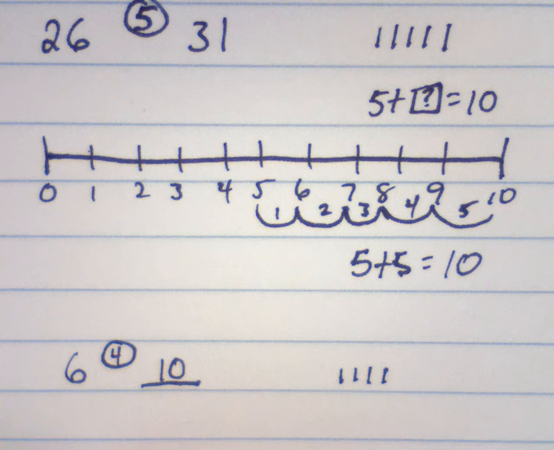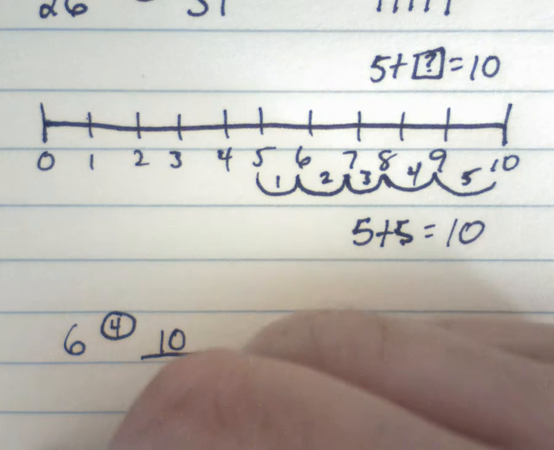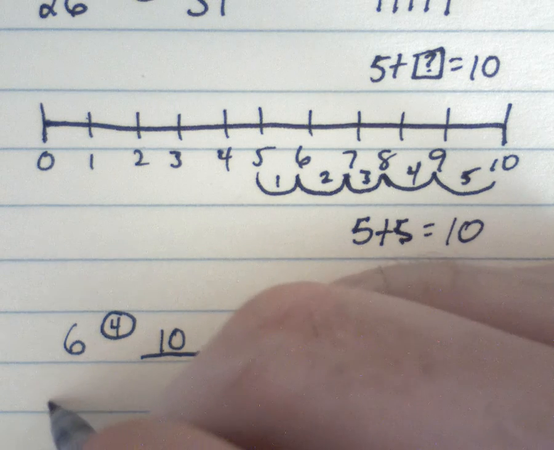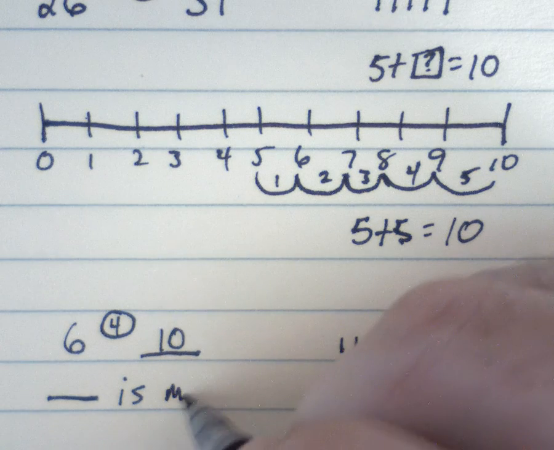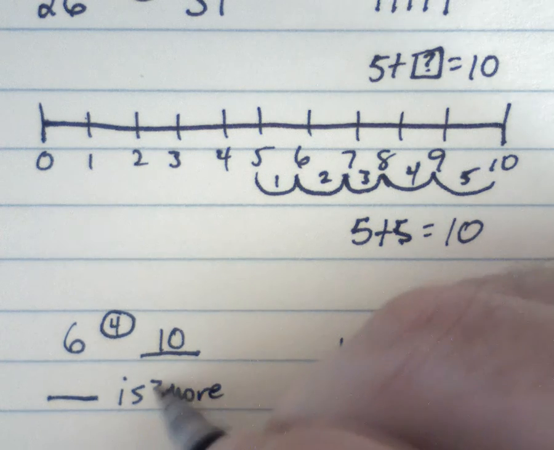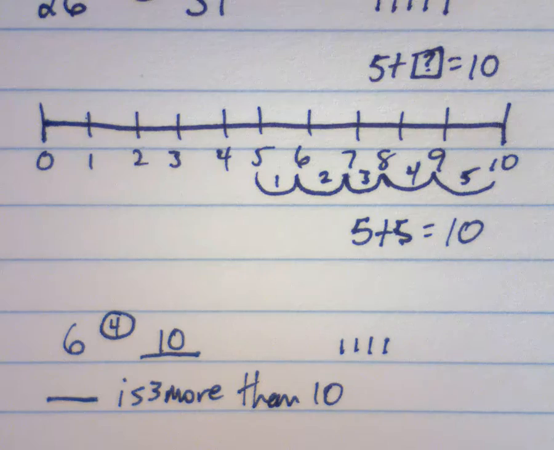One other thing that I did want to show you before we move on, and we're going to actually do a problem today, is if you have a situation where you may come across something blank is 3 more than 10.